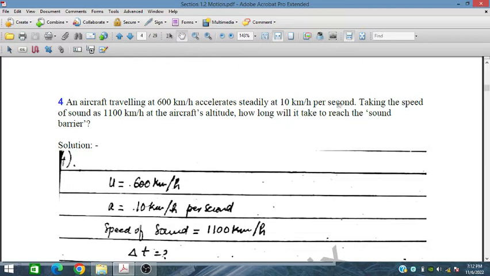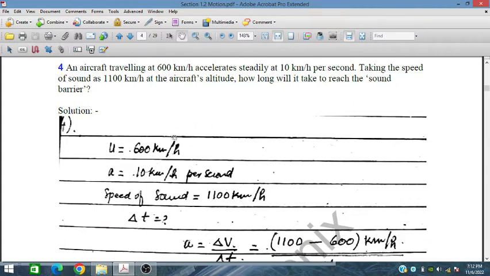After 1 second it will reach 610, after 2 seconds 620. In this way it will reach 1100 kilometers per hour, the speed of sound at the aircraft's altitude. How long will it take to reach the sound barrier?